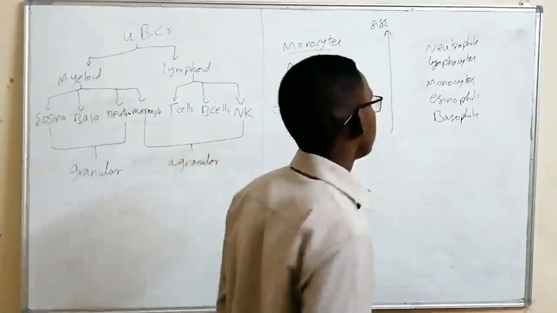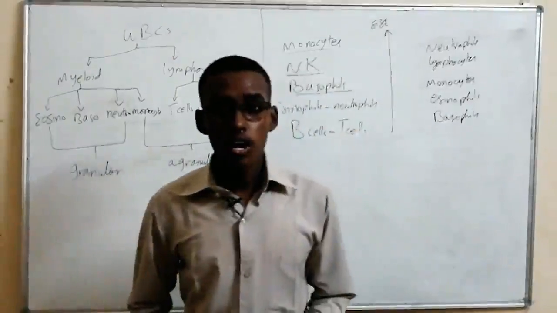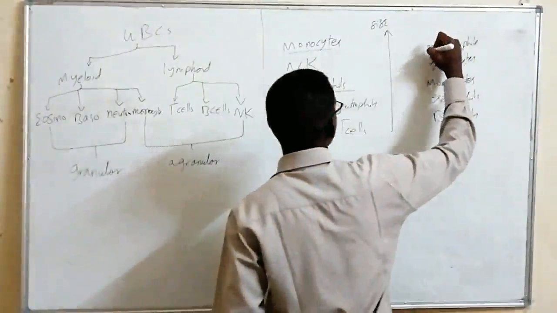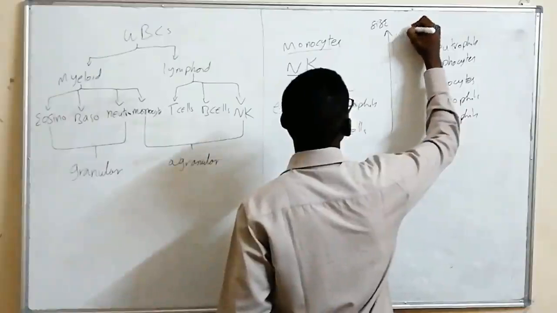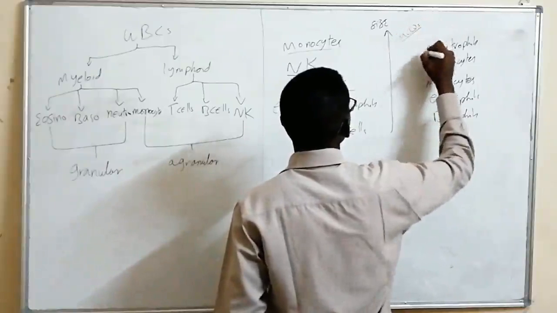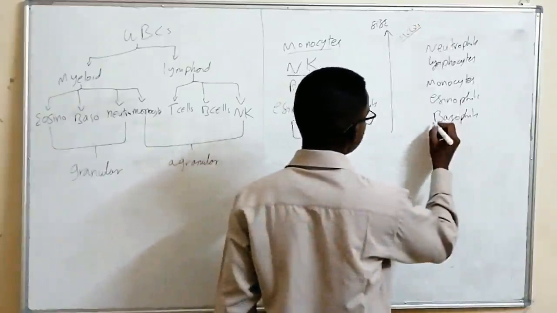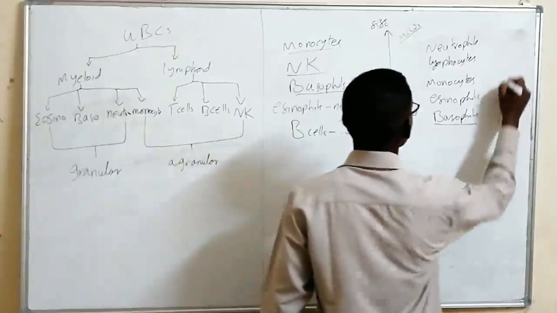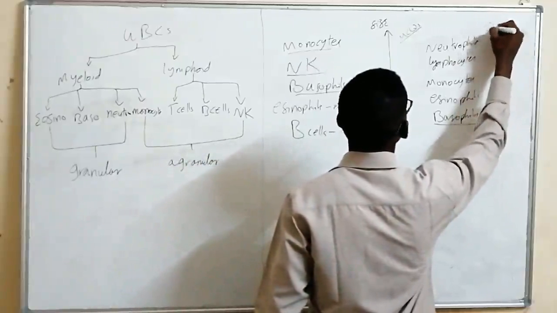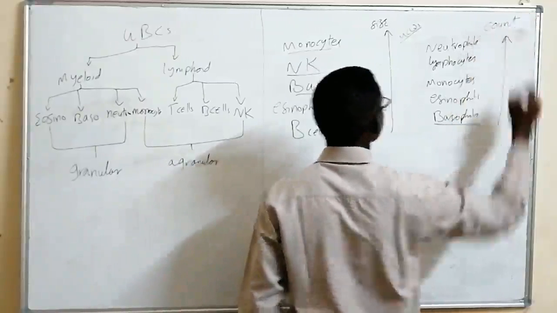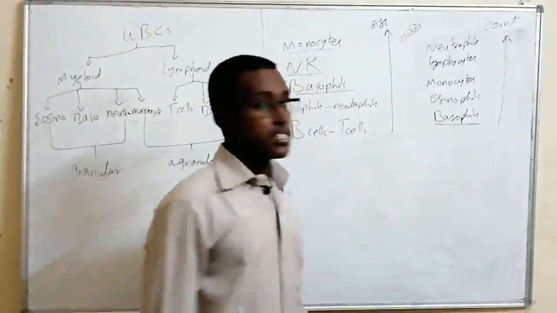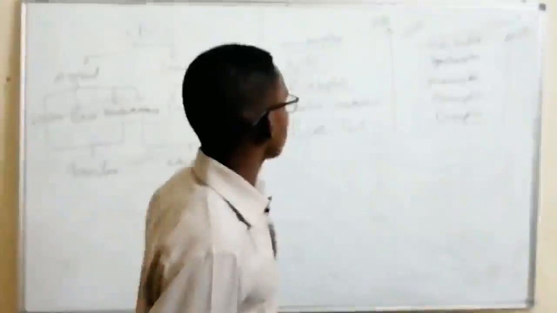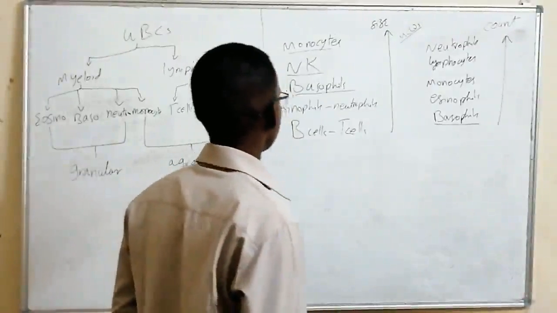So it's really important to know that the most abundant type of white blood cells in the blood are neutrophils. So this is high yield. The most abundant one is neutrophils, and the least abundant we have basophils. Okay guys, it's really so important to know about these things, their order according to their size and count.